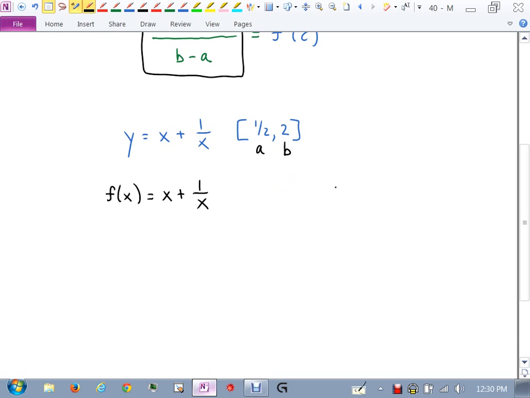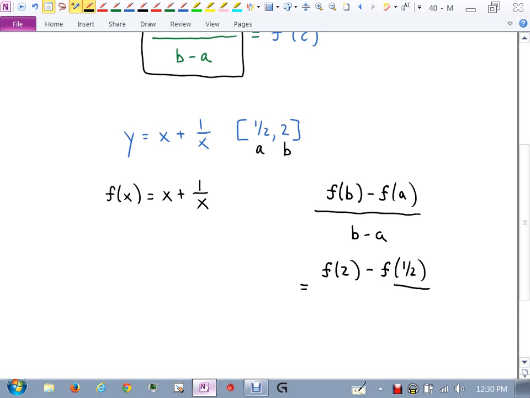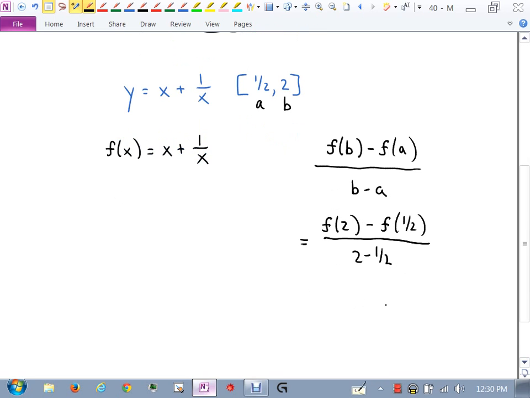All right, so what is f of b minus f of a over b minus a? For us, that's f of 2 minus f of a half over 2 minus a half. You actually plug it into this function. So what's 2 plus 1 over 2? 2 plus a half is 5 halves. Just going to trust you could do that. 5 halves minus, now if I plug in a half, what's 1/2 plus 1 over a half?